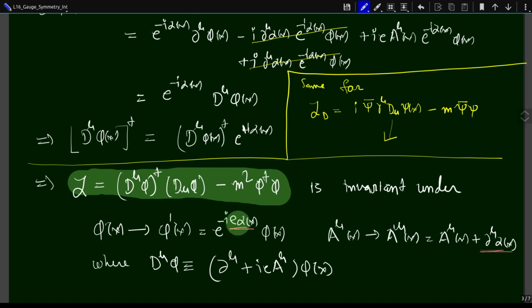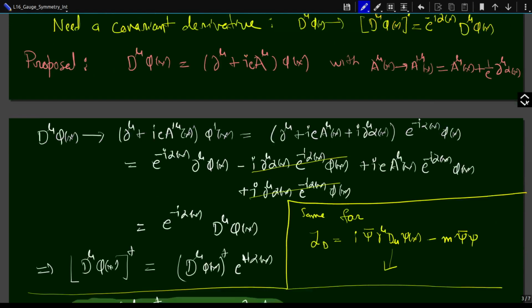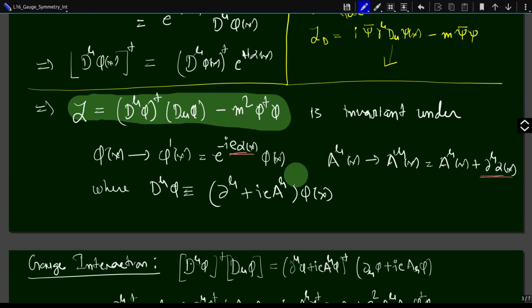Once I multiplied with e over there, the extra factor of e comes with α, so I don't need to define the 1/e in the transformation which I had on the previous page, where A_μ transformed with 1/e ∂_μ α. By doing this, I make sure that the gauge field transforms without any information about the so-called coupling e.